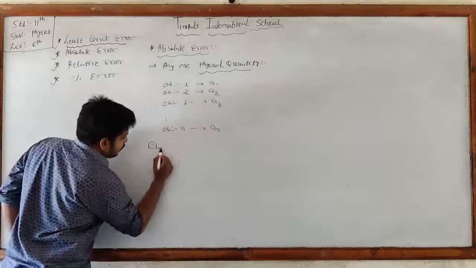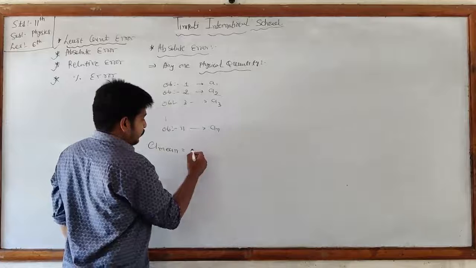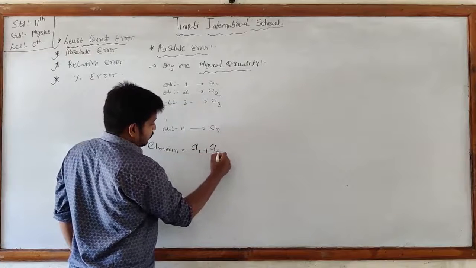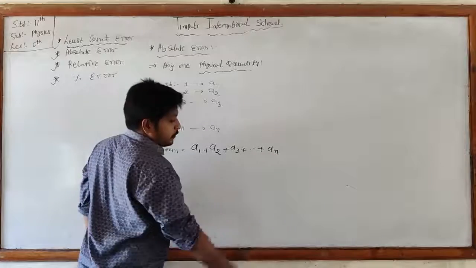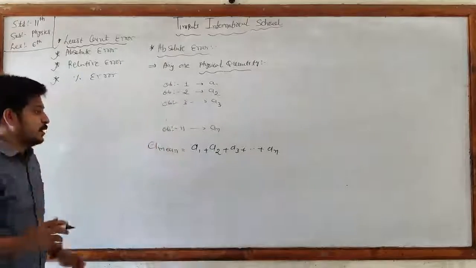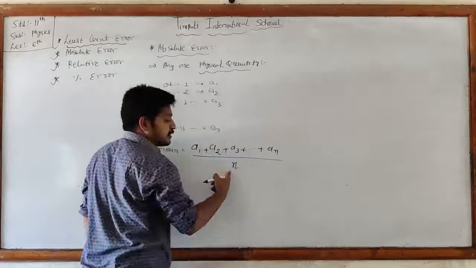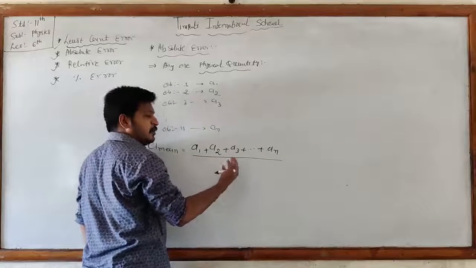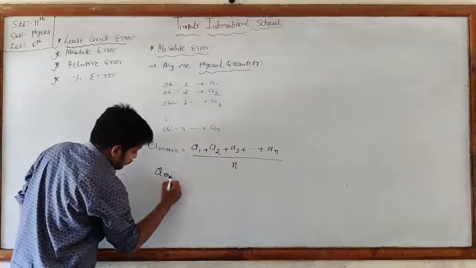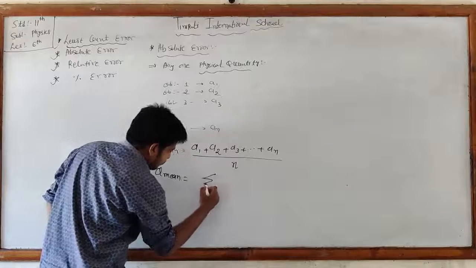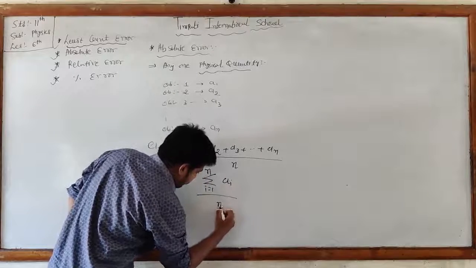A mean, the arithmetic mean, is equal to A1 plus A2 plus A3, and so on, which we learned in 10th science statistics, divided by the total number of observations. So you can write A mean is equal to the summation, i from 1 to n, of Ai upon n.